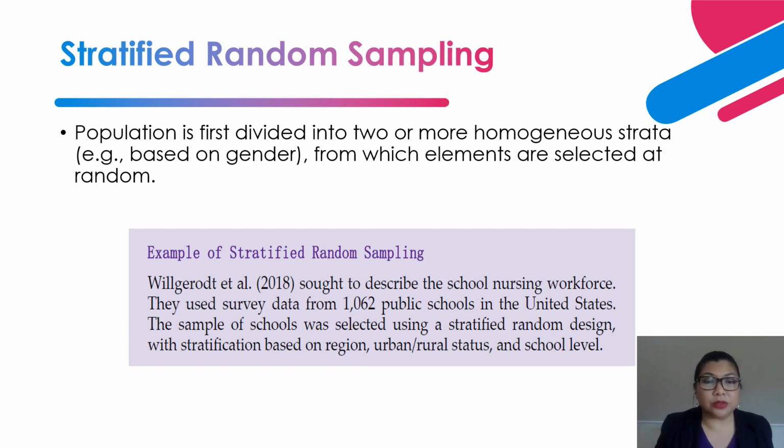The sample of schools were selected using a stratified random design. The way they divided their respondents or participants is through region, urban or rural status, and also school level. So they divided them into different groups and then did the random sampling from there.